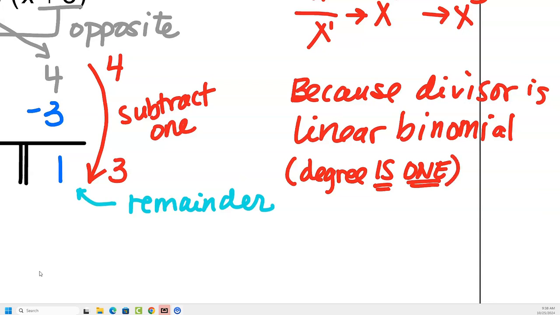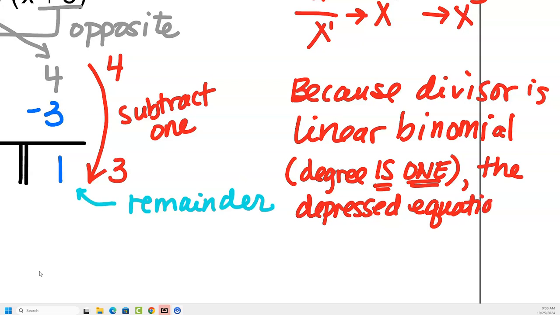The depressed equation. Oh, that's new terminology. Do you know what I mean by depressed equation? Yeah, it's the simplified answer. I'll write that it's the quotient, right? The answer. Quotient.